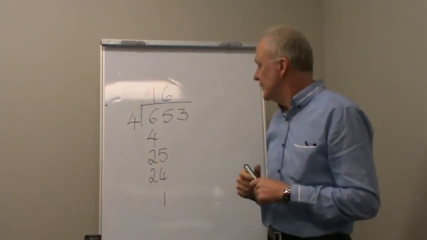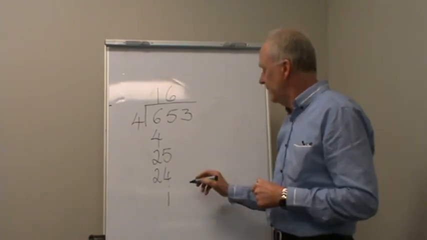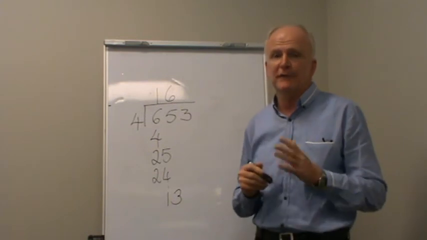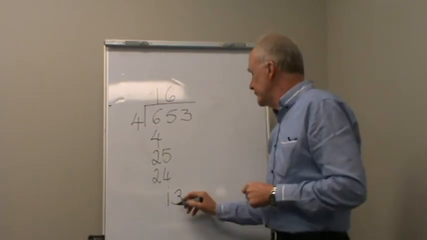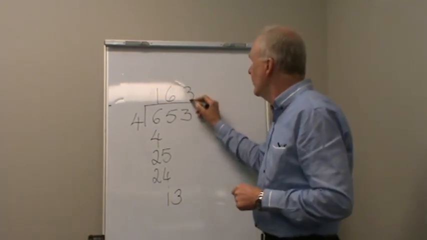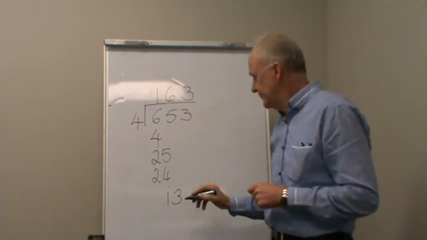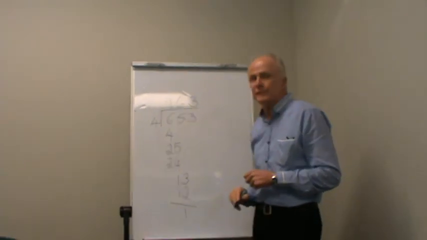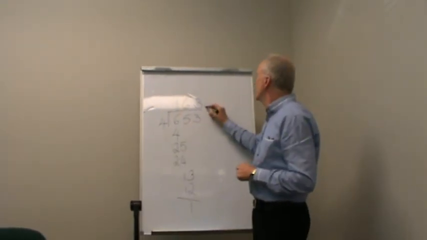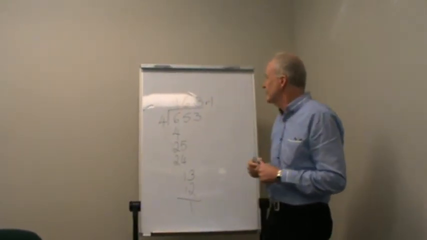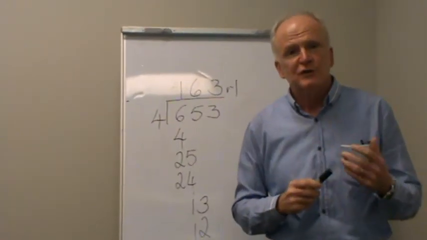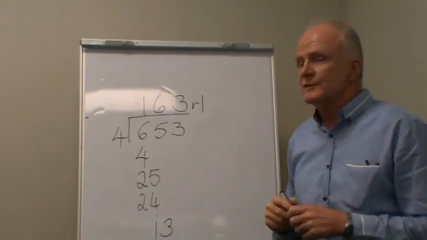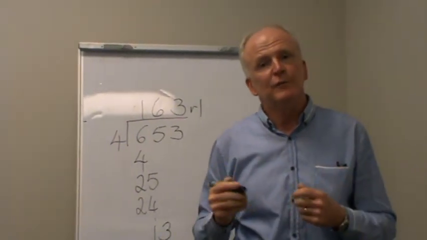So that becomes 10 ones, and we already have 3 ones. So we now have 13 ones to share for our 4 friends. 4 threes are 12, so that means they all get 3 each, which means we've shared out 12 and there's 1 left. The remainder of 1. So 653 shared among 4 or divided by 4 gives $163 each with a remainder of 1.